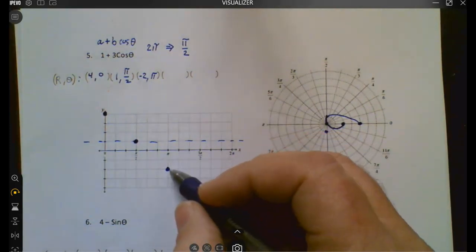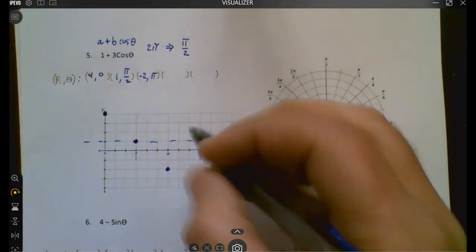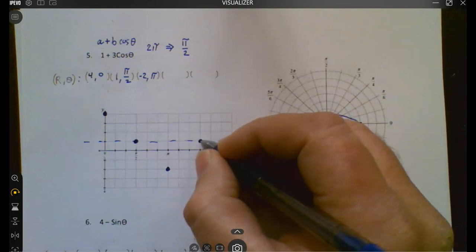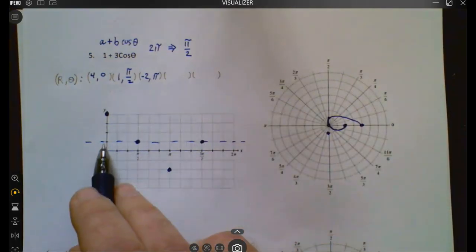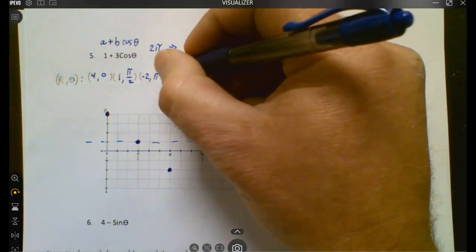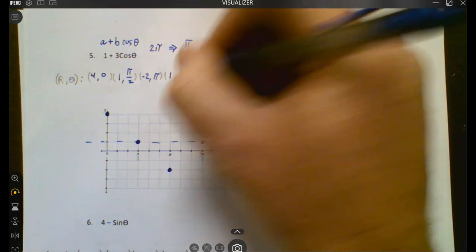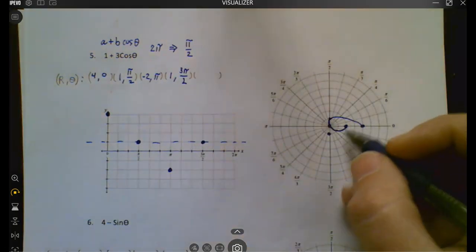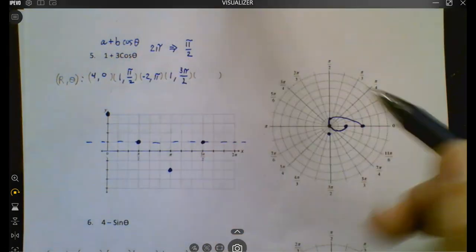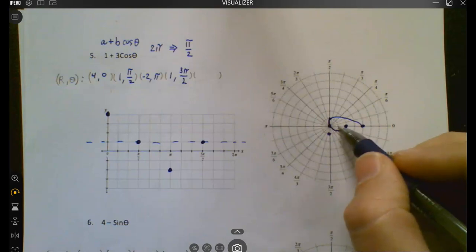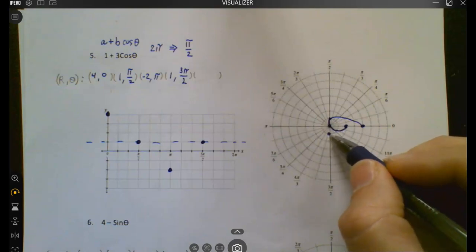From there, we're going to go from this guy back to the midline. So at 3 pi over 2, we are back to a radius of 1. So if I went 1 and then 3 pi over 2, I would be right there.